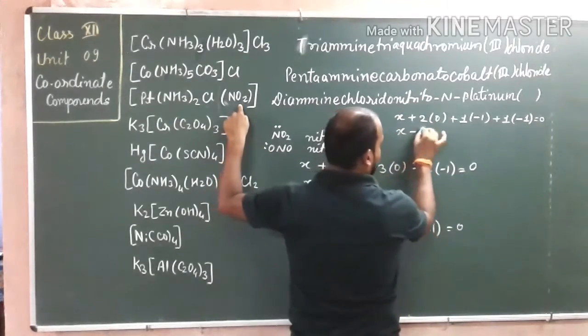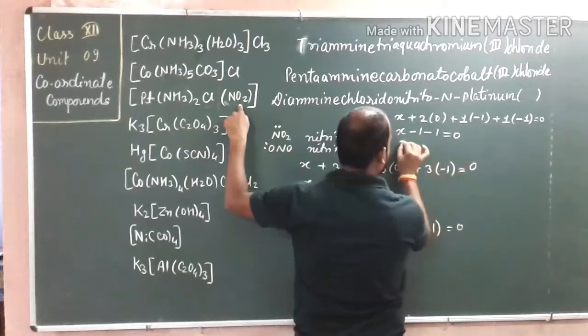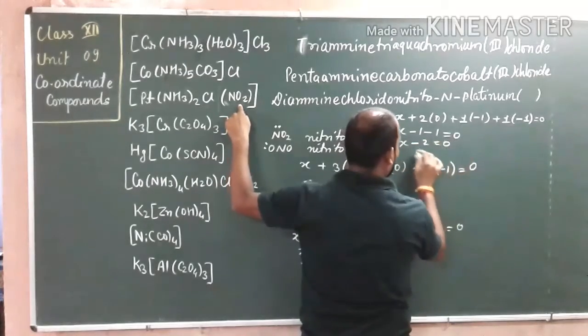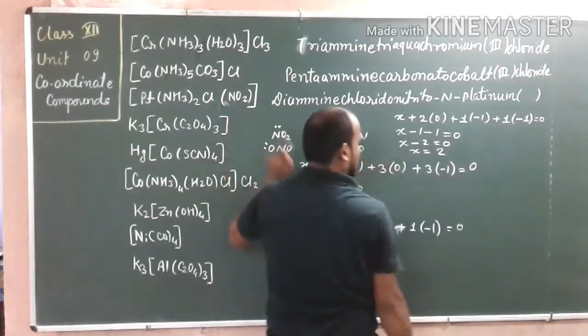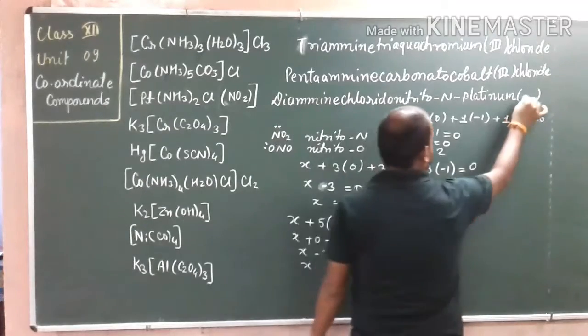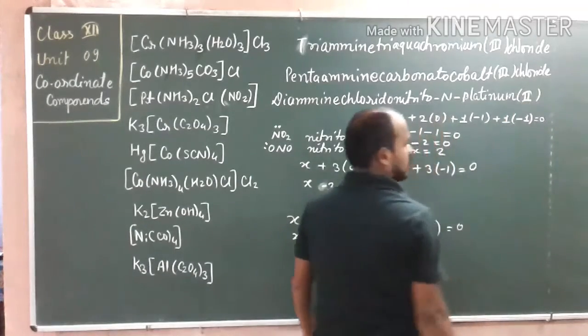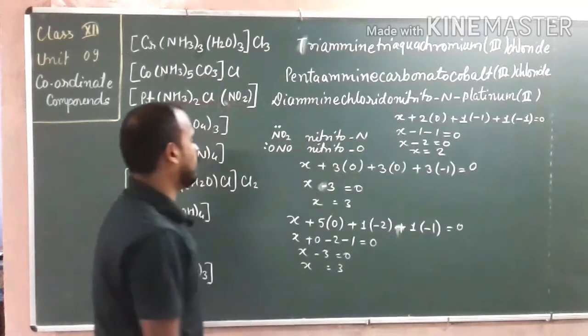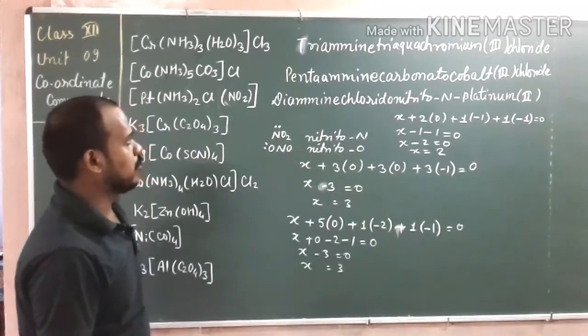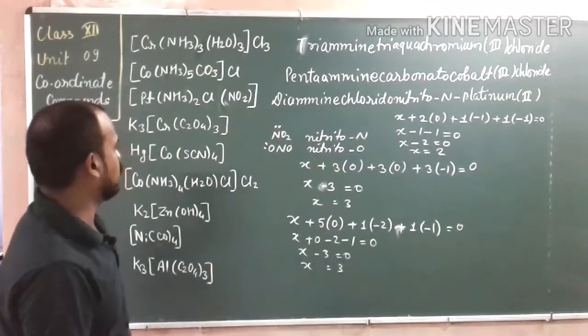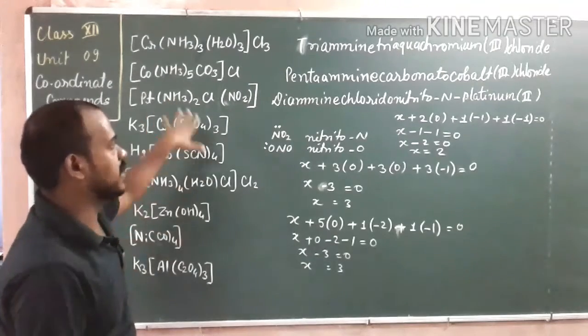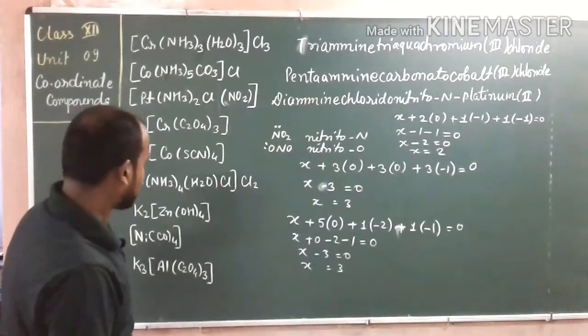So solve it. X minus 1 equal to 0, X minus 2 equal to 0. So X is equal to 2. So the oxidation number is here second. Okay. So the name will be diamine chlorido nitrito N platinum second. This is the name of this complex.